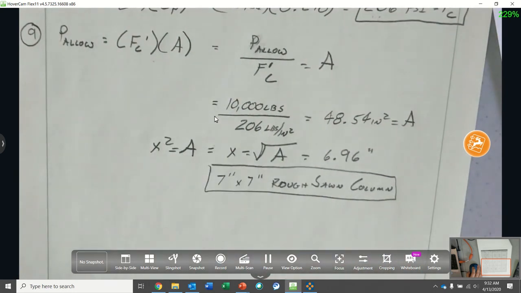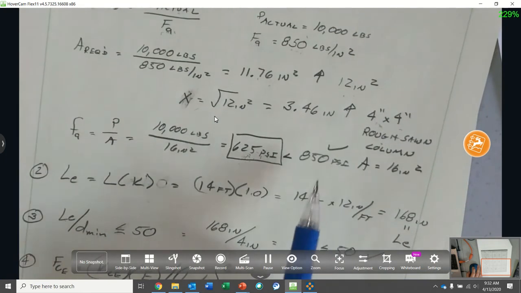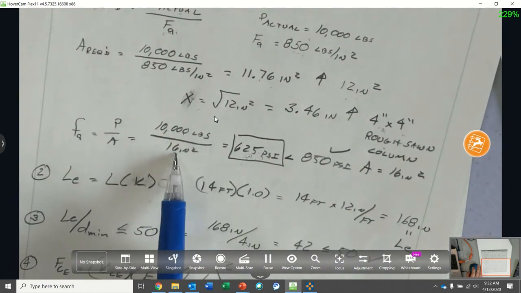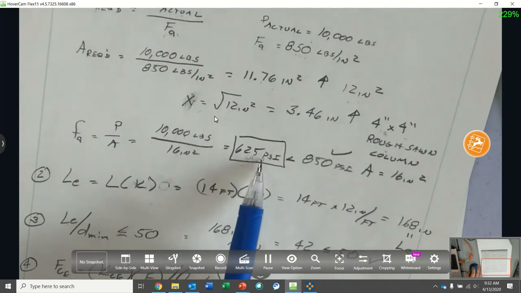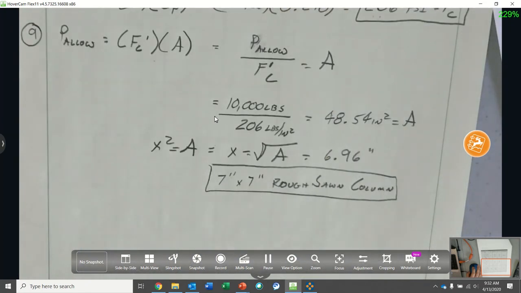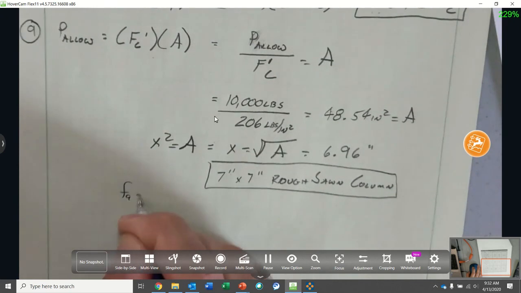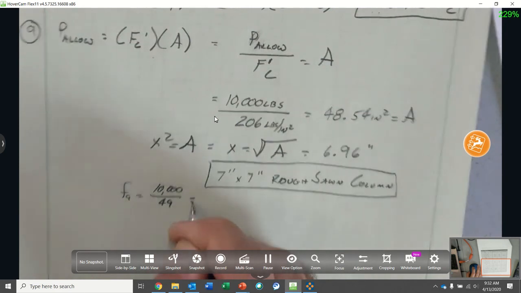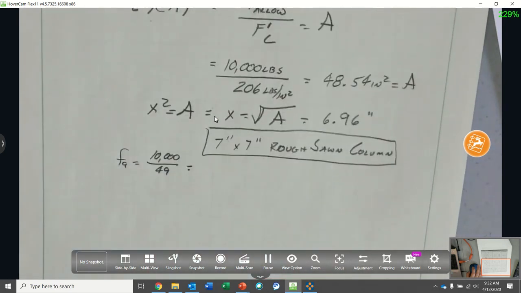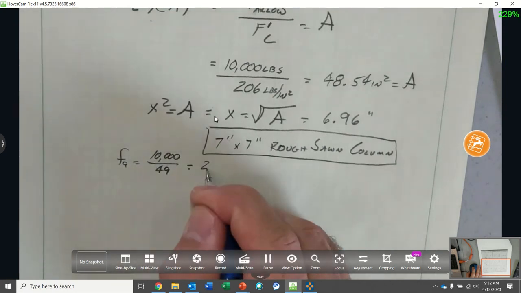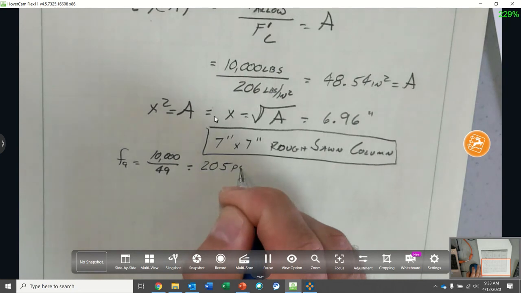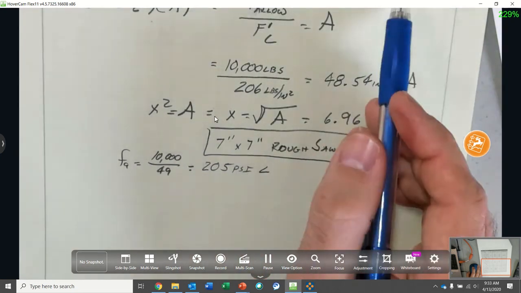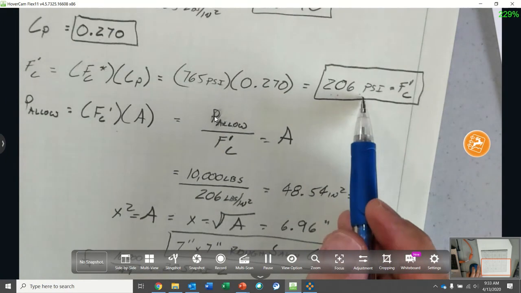As you can see, that is a lot bigger than this one. So if I take 10,000 pounds divided by 49, my stress is going to be a lot less than 850. My actual stress equals 10,000 divided by 49, which equals 204 psi, which is less than my critical stress.